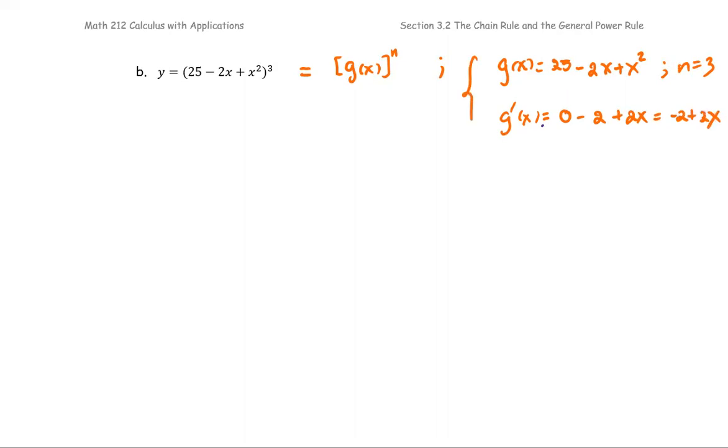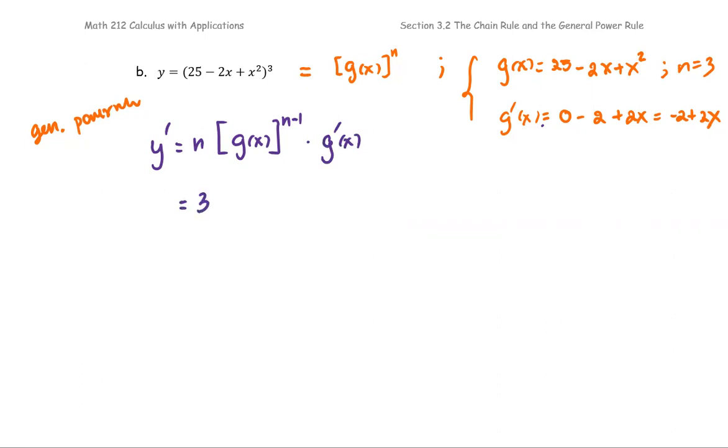We get everything we need for the general power rule. I'm going to refer to the general power rule, which gives us y prime in the form of n times the quantity g(x) to the power n minus 1, multiplied by g prime of x. n is 3 for this case.